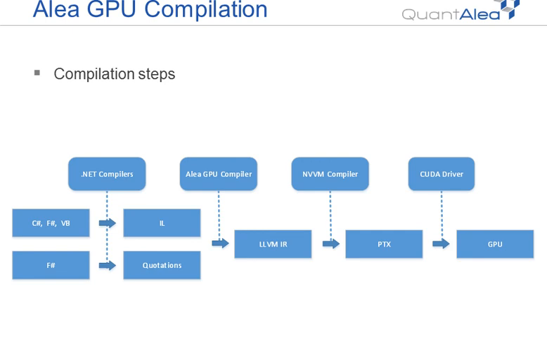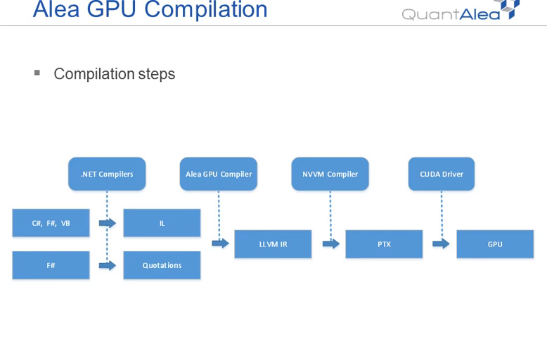In the first compilation stream, the IL-based compilation stream, we transform IL code with our Alea GPU compiler to LLVM IR. LLVM is a compiler platform, and IR stands for intermediate representation. That's the main work of our compiler.